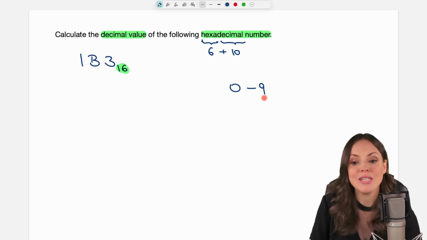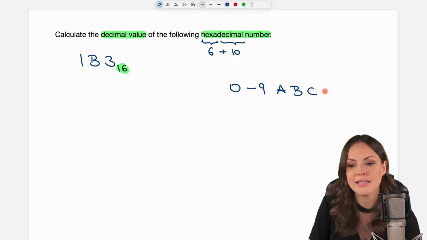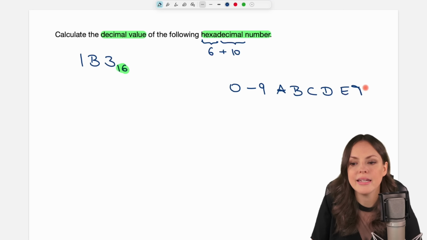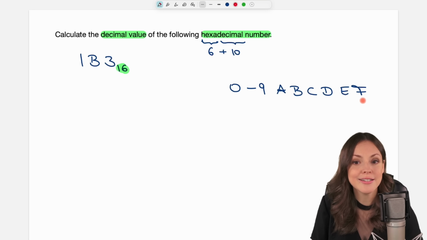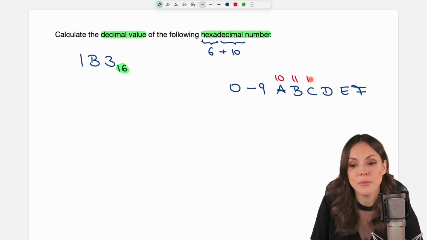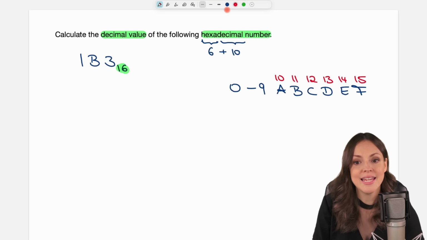But in addition, we also have the letters A, B, C, D, E, and F. To be able to calculate something with these letters, they correspond to numbers. So we come from 0 up to 9, and then A is 10, B is 11, then we have 12, and up to 15. Okay, we keep this in mind.